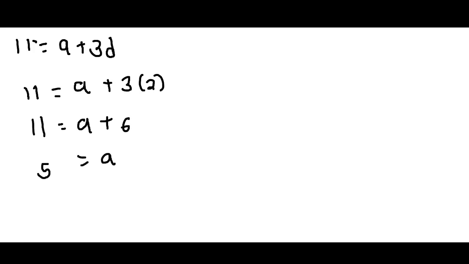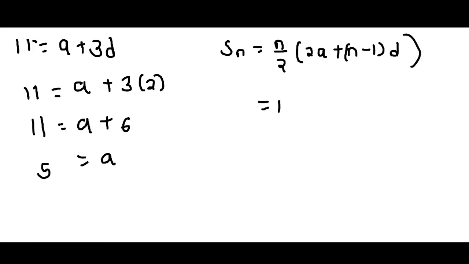And the second question is to find the sum of the first 12 terms. So Sn equals n over 2 brackets 2a plus n minus 1 d. So it will be 12 over 2 brackets 2 times 5 plus 12 minus 1, and the value of d is 2.